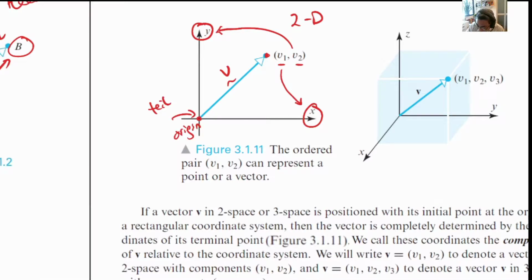So where are v1 and v2? If we draw a vertical line dropping from v onto the horizontal axis, this is v1. And if we project the vector v onto the vertical axis, this is v2. You may have noticed that we use the same notation to denote a point and a vector.